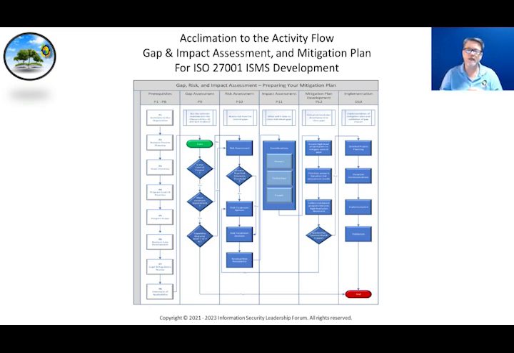We end up creating what is referred to as a mitigation plan, which becomes a set of risk-prioritized activities. So which of the gaps that you have are creating more risk for you? Obviously, it just makes sense: the higher the risk, let's put those up front and knock those out first, so that as time passes, most of the highest risk that you have has been put to rest.